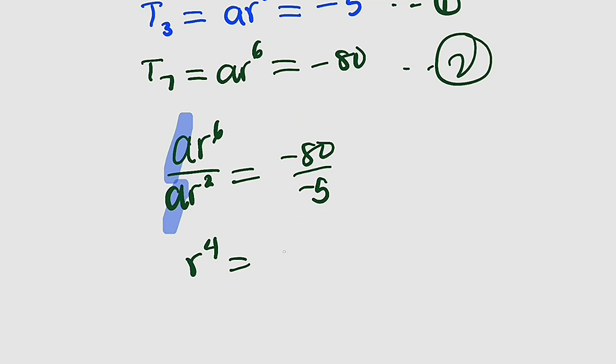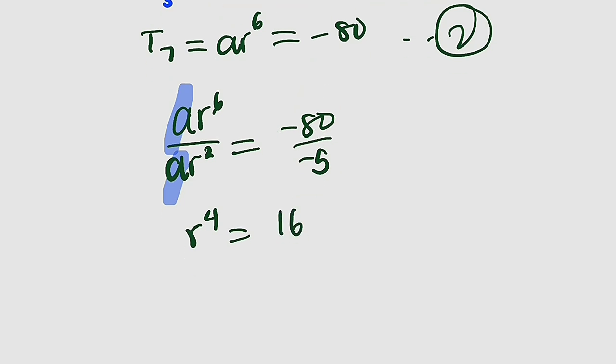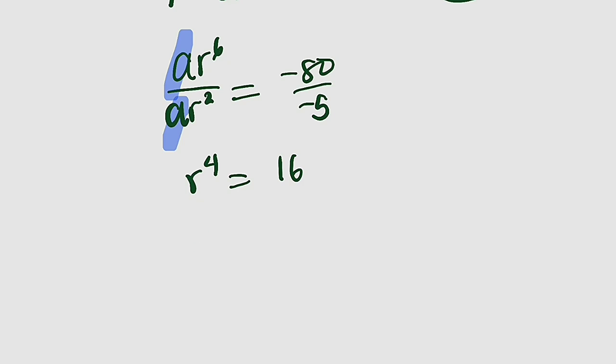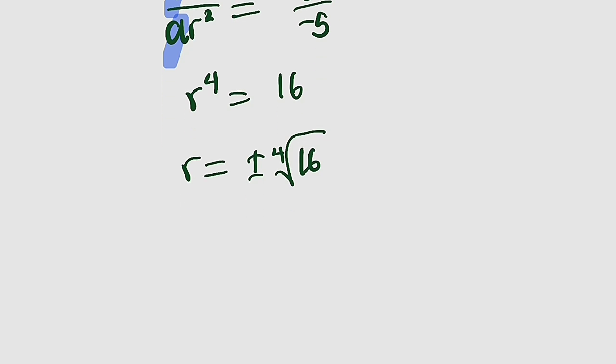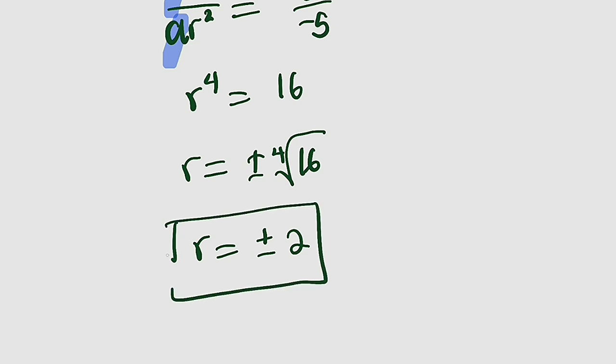That will give us 16 exactly. Then you take the fourth root of both sides. You have r equal to plus or minus the fourth root of 16, and the fourth root of 16 is 2, and hence r is equal to plus or minus 2. You see the same answer.